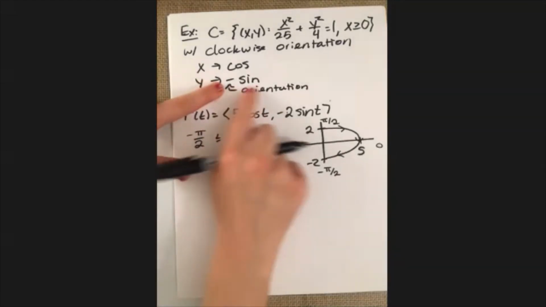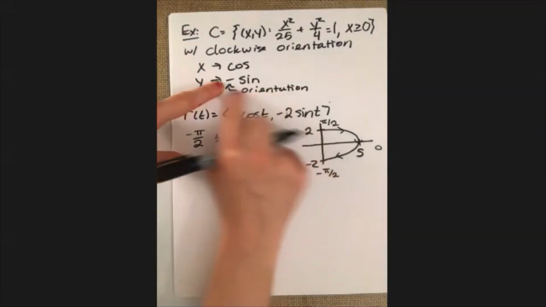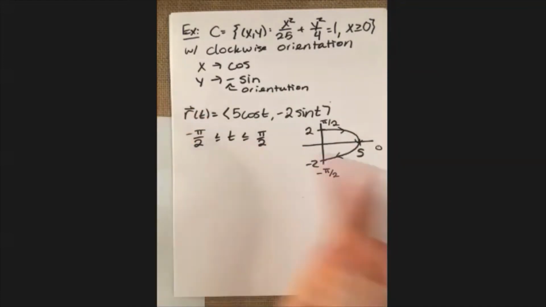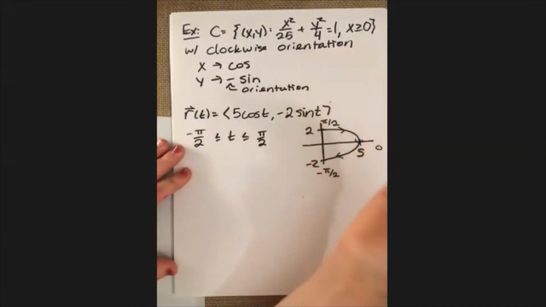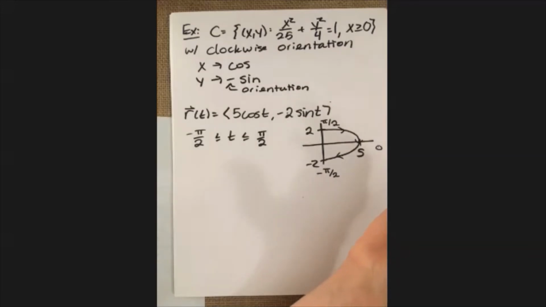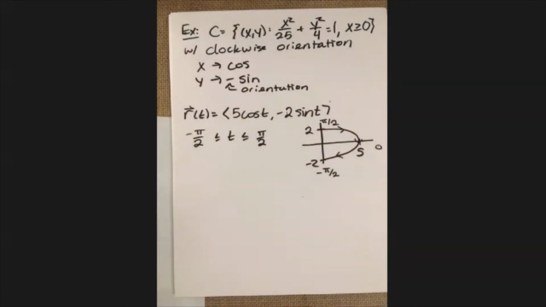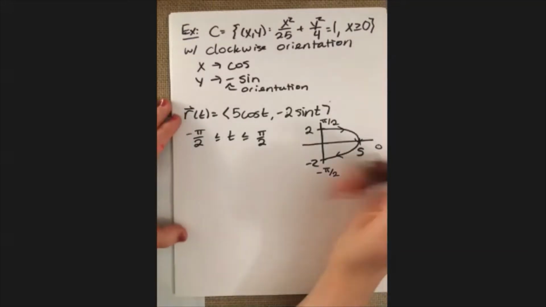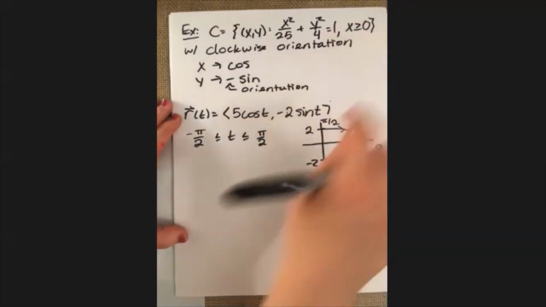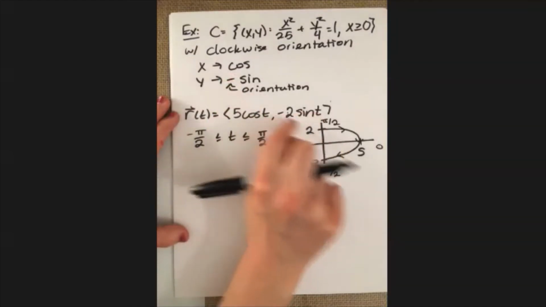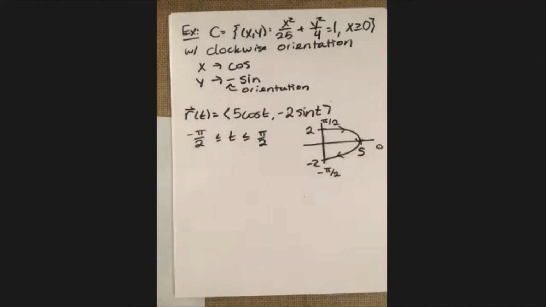This is really the best way to account for your orientation. I know it might be tempting to just go ahead and flip the bounds, which works as well, but it's not technically quite the right thing to do. This is really the route that you want to stick with whenever you want to change your orientation. So the big thing here to keep in mind, keep these bounds in the order that you normally would. This negative here will take into account the fact that we want to move backwards.